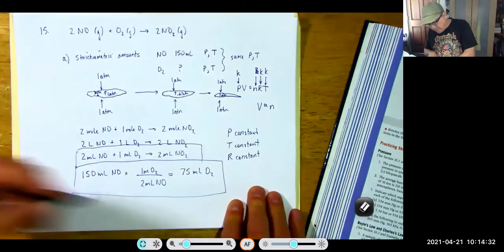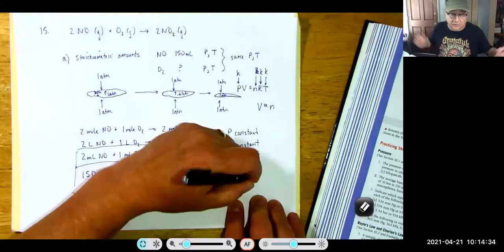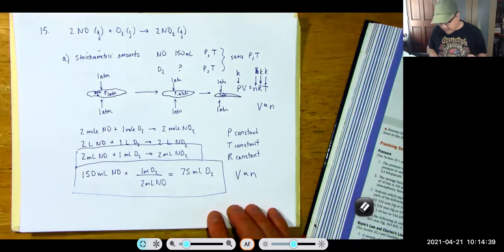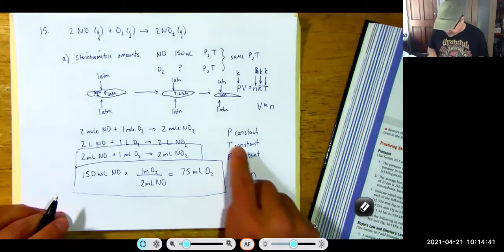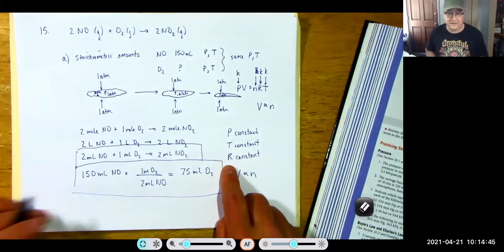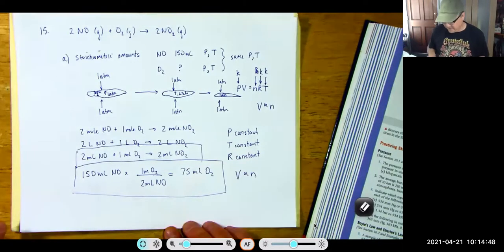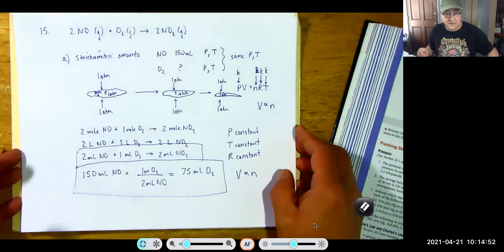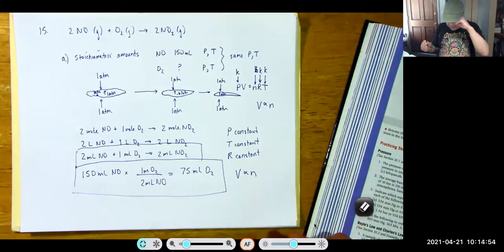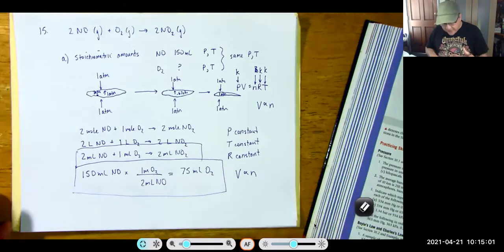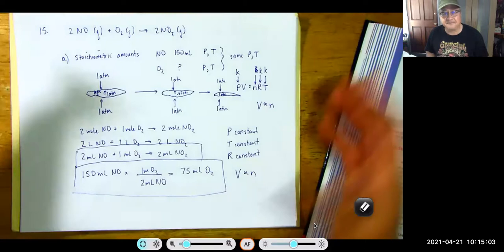That means that V is proportional to n, and coefficients are volumes also. Guess what happens if V is constant, T is constant, and R is constant? Then P is proportional to n, and the coefficients are therefore pressures. So I think that this is a far more convenient way to do this problem. And they're trying to get you to think about this type of situation.